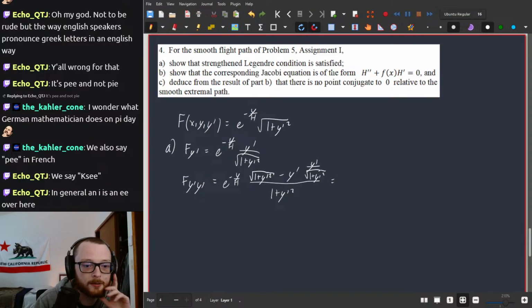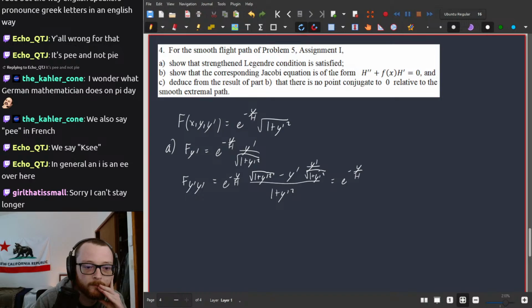Okay. Minus y prime squared, 1 plus y prime squared to the 3/2. Girl, as small? No, you're good. Stay as short or as long as you like.